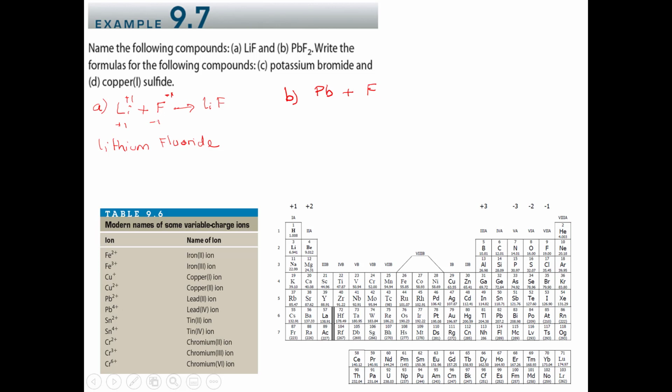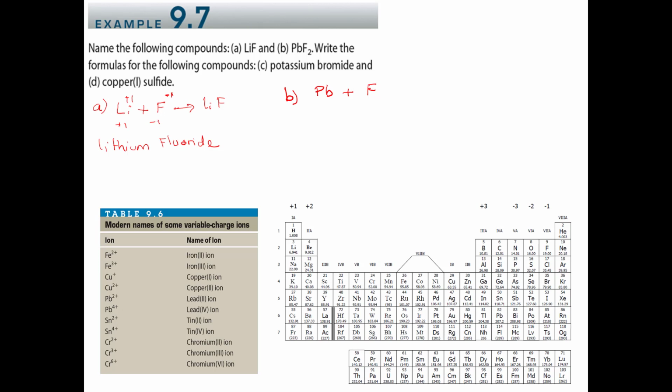Lead is not exactly a transition metal, but lead has more than one charge. Lead can be positive 2 or positive 4. And in order to write the name, we need to know if the lead in this case is positive 2 or positive 4.